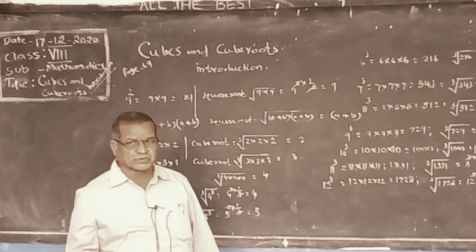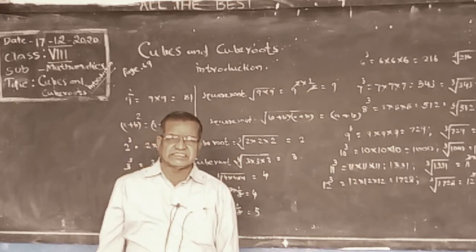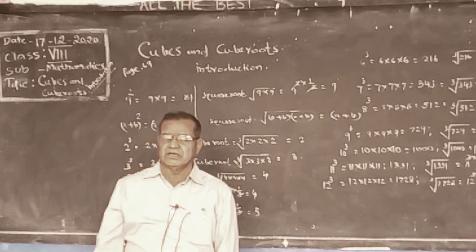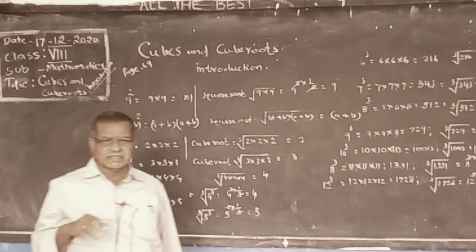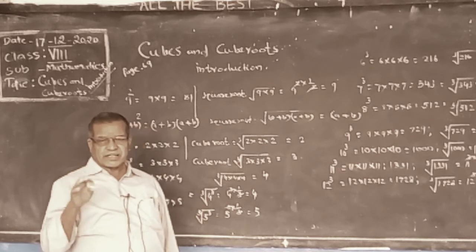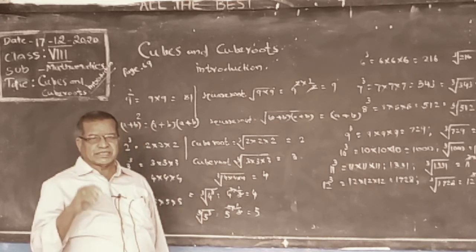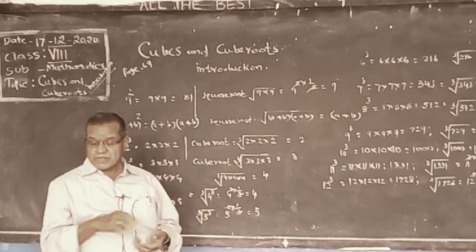You should know 6 cube. What is the value of 6 cube? 6 into 6 into 6. A student saying "Wait sir, I will multiply and say" is not good for a good student. A slow learner can multiply and say, but a tough student can say immediately that 6 cube is 216.